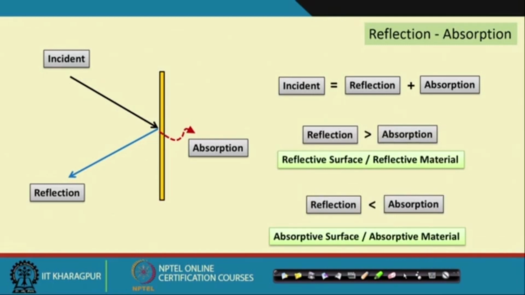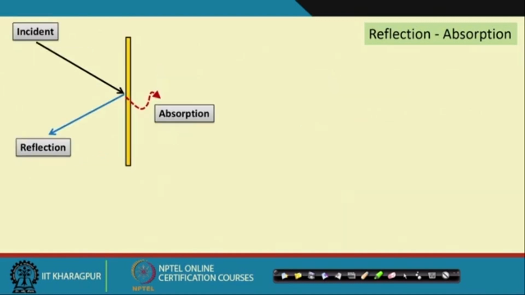And there will be two or three cases. One case is suppose both are the same. So, it is a non-reflective or non-absorptive kind of surface. When the reflection is much higher than the absorption, I say it is a reflective surface, and when the reflection is much less with respect to the absorption, then it is an absorptive surface.